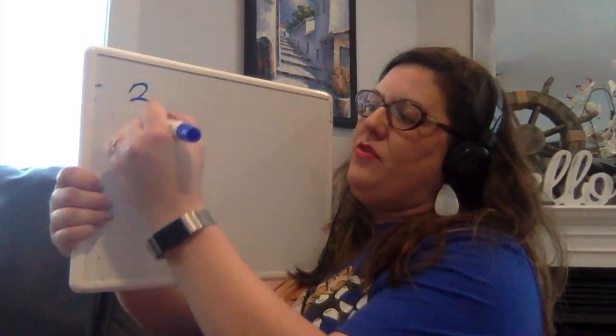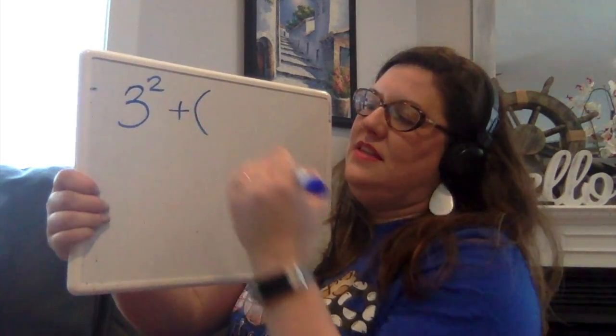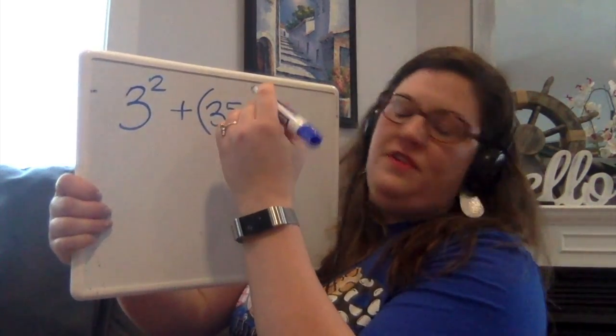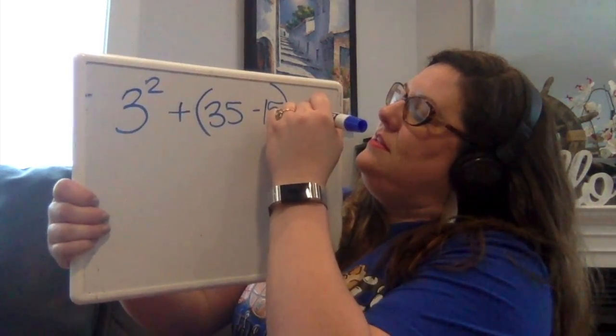We're going to take a look at one more example, and hopefully this is just a nice review for you on things that you already know. So let's take a look at the fourth problem. We've got 3 squared plus parentheses 35 minus 15 close parentheses times 2.